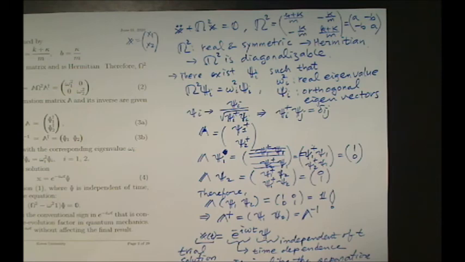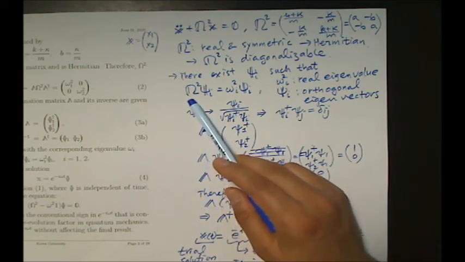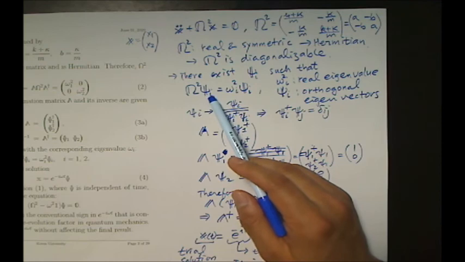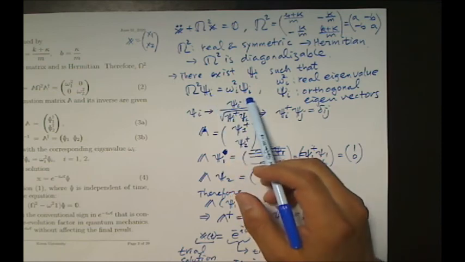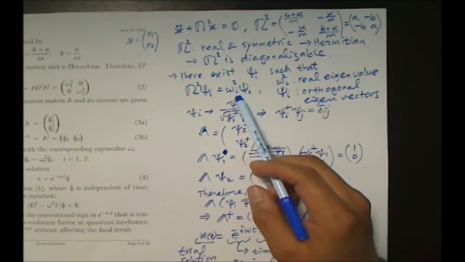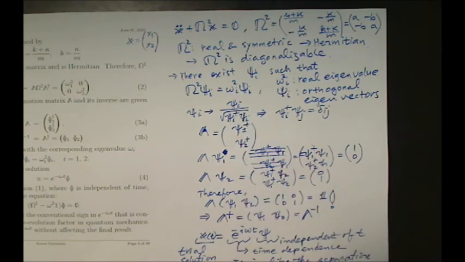The eigenvalue problem can be constructed in such a way: omega square matrix multiplied by an eigenvector becomes proportional to the eigenvector, and the proportional constant is omega i squared. Because it is Hermitian, that number is a real number, and there must exist n such numbers.